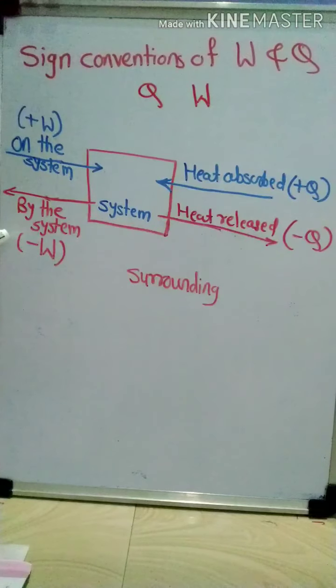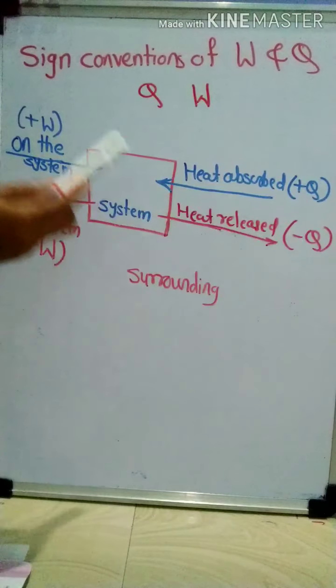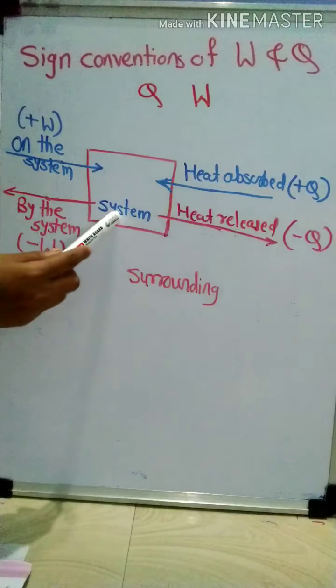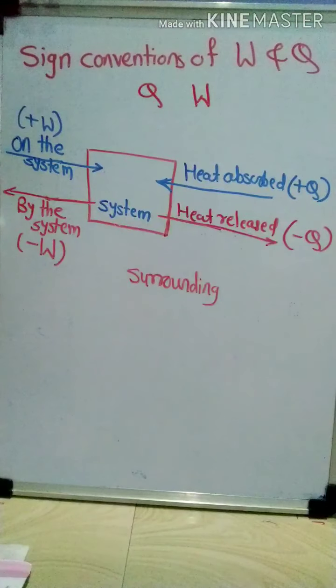If work is done by the system on the surrounding, then W is negative, that is, there is an expansion. Here plus W means there is a compression.